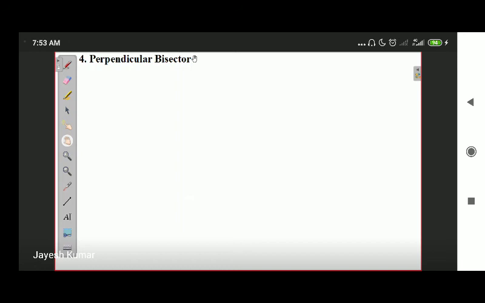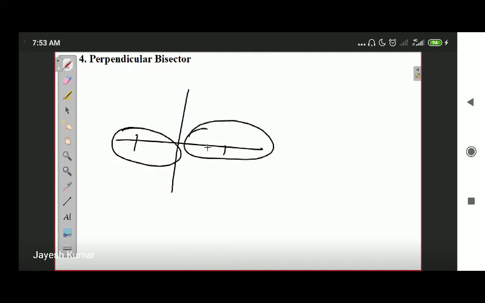That means if there is a line which divides a line segment into two equal parts, this part and this part both are equal, plus makes a right angle, this 90-degree angle, with the line, then that line is called perpendicular bisector.